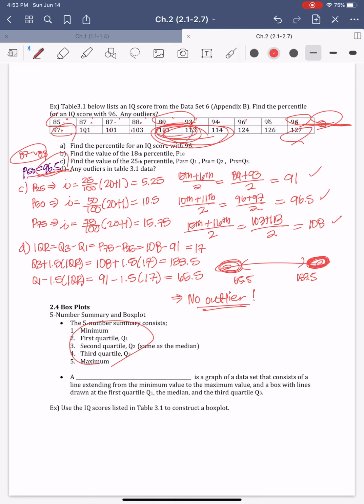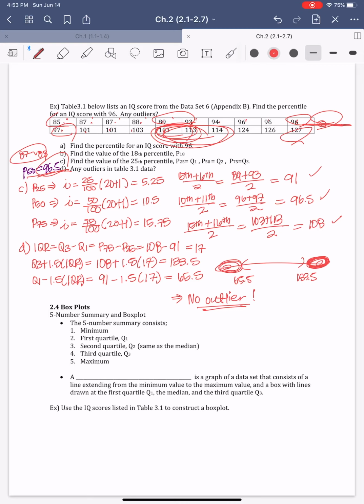Now, box plot has these 5 data values. It gives you the 5 data values. We call it the 5 number summary, and it's in the order of the minimum data value, quartile Q1, Q2, Q3, and the maximum. So you're basically knowing those major data values.